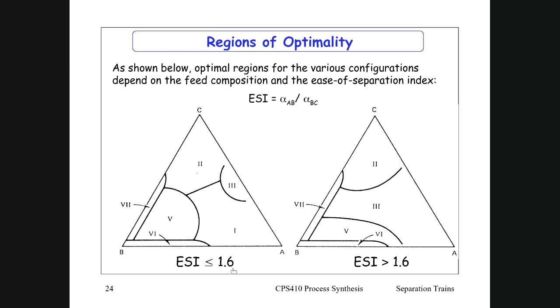And that's essentially what you're supposed to be doing when you're choosing a separation sequence. Always choose a separation sequence that has the lowest capital cost, not capital cost, lowest annualized running cost. Right. Now we can move on.